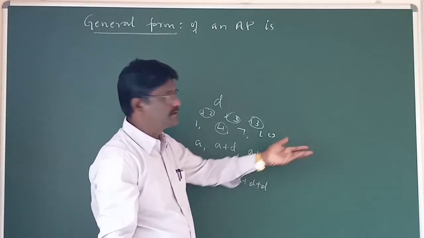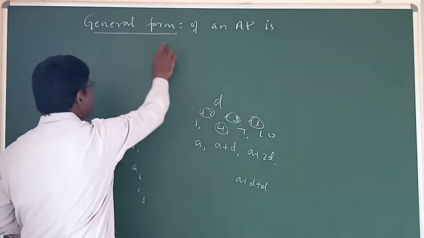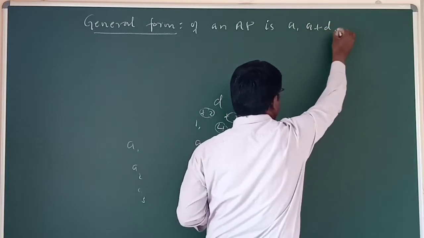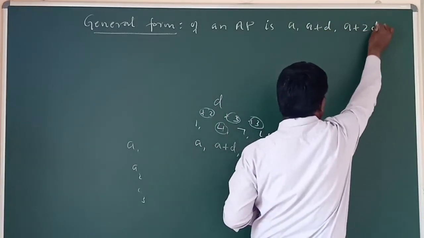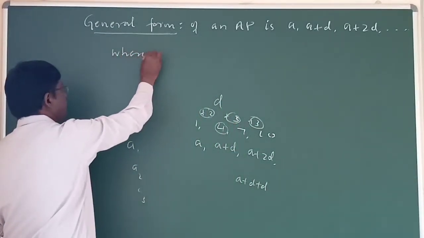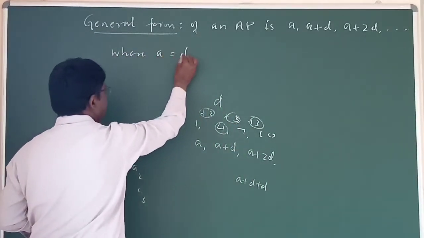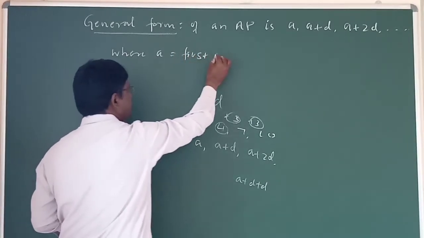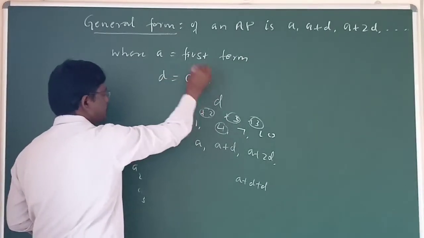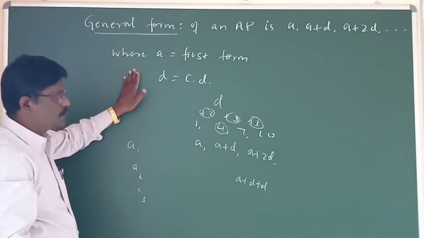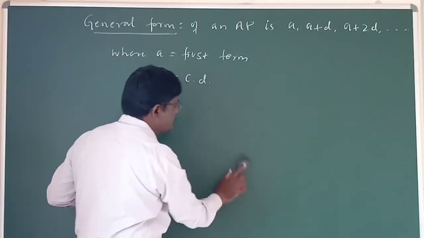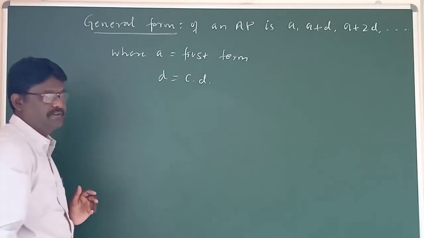A plus 3D, etc. Therefore, the general form of an AP is A, A plus D, A plus 2D, and so on, where A is the first term and D is the common difference.